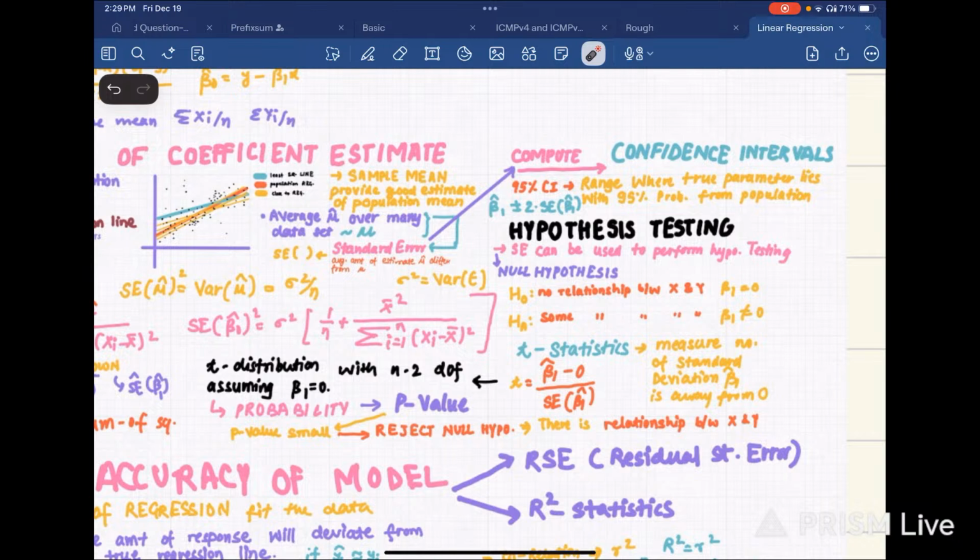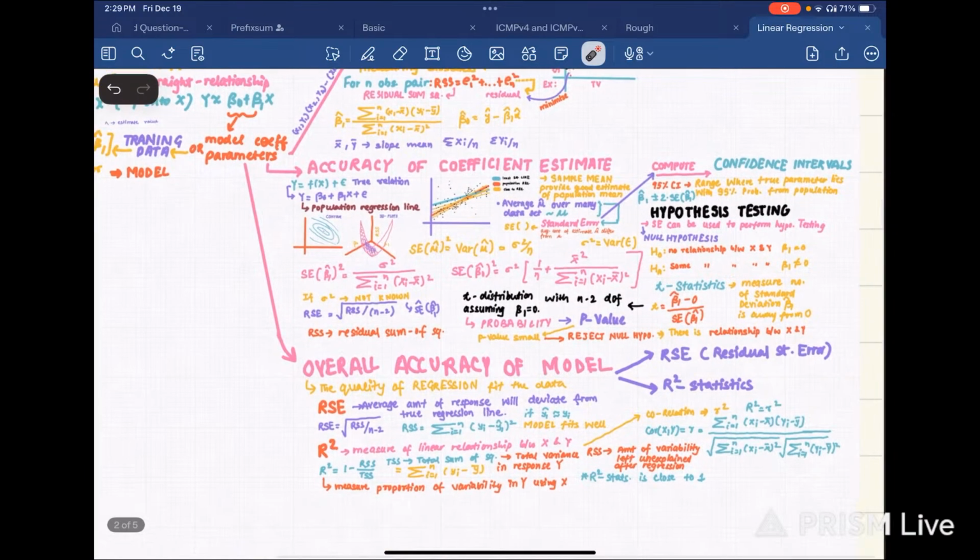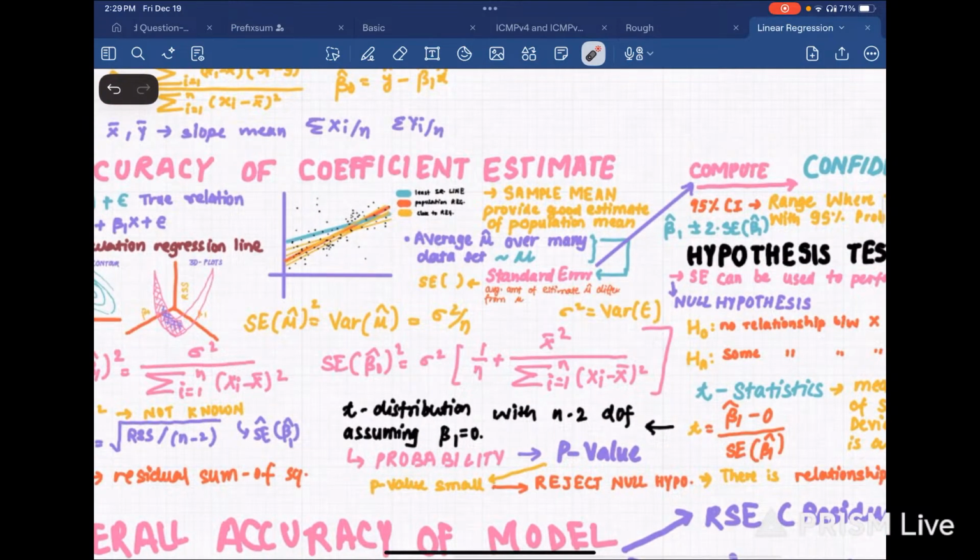We will use the least squares method to do the coefficient estimation, and then look at the accuracy of the coefficient estimation based on that.